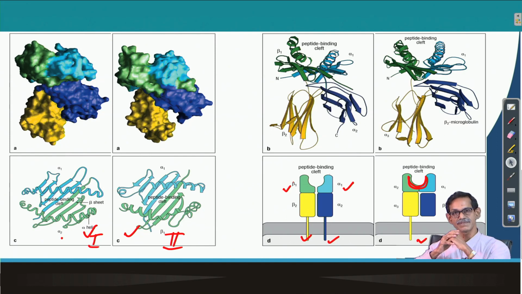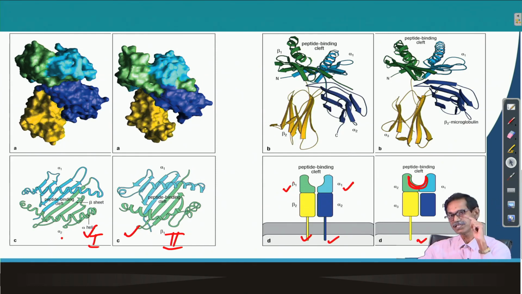So here is the difference between MHC1 and MHC2 also, because one alpha chain cannot hold a bigger piece of peptide, but MHC2 can hold a bigger peptide. It can accommodate a much bigger peptide in this peptide binding cleft.